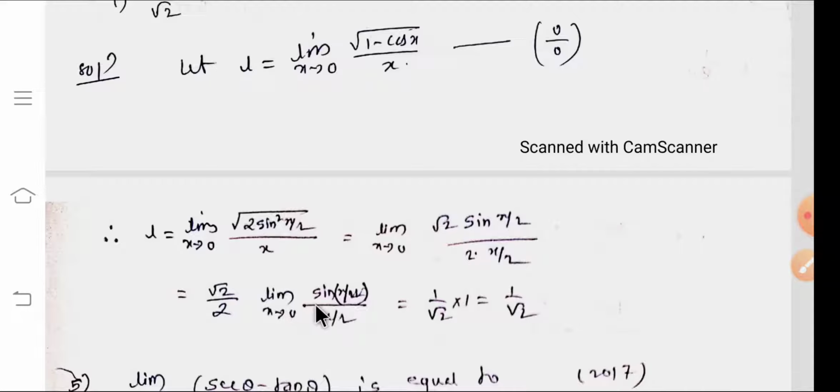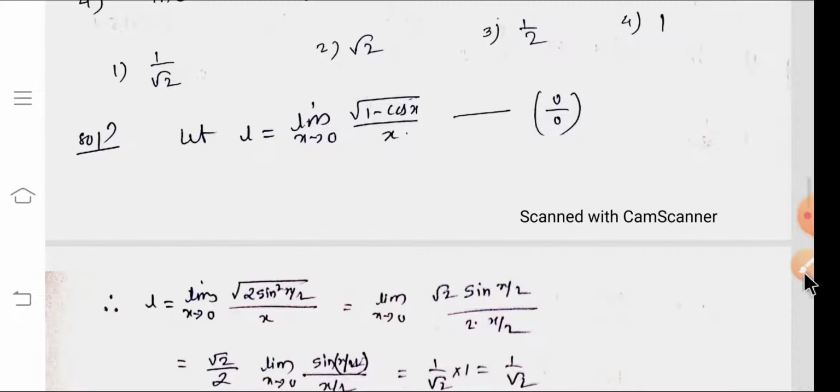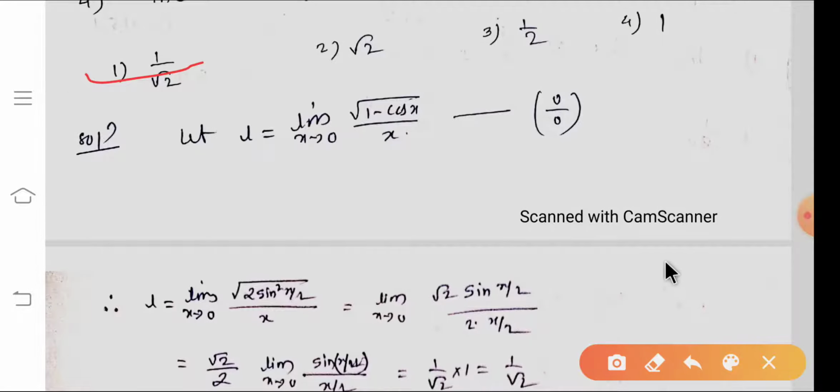As x tends to 0, x by 2 also tends to 0, and sin(x by 2) upon (x by 2) is 1, because by the standard formula we know that limit of x tends to 0, sin x by x equal to 1. So root 2 by 2, that is 1 by root 2, into 1, equal to 1 by root 2. So the first option is the right option.